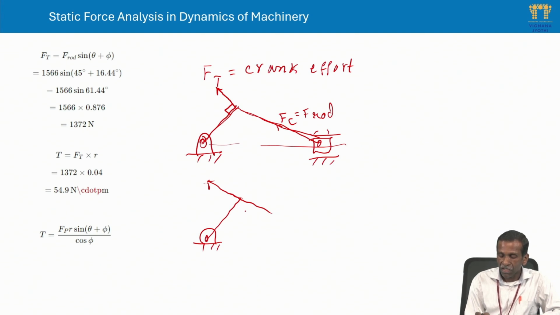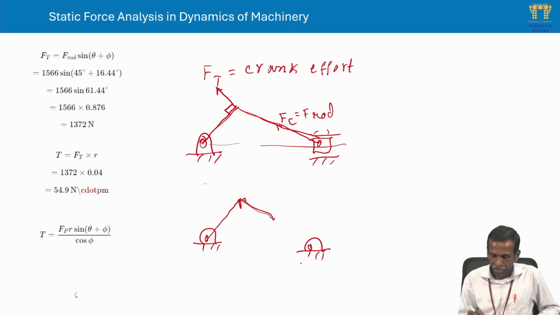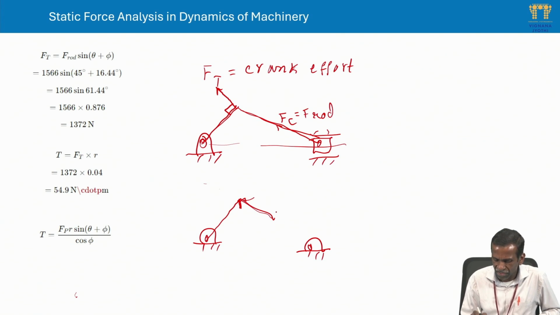The force on the crank in the direction of the connecting rod is Fc. Because if you draw the free body diagram of this crank, then the reaction of the connecting rod on the crank is this one. This is Fc, as we found already.